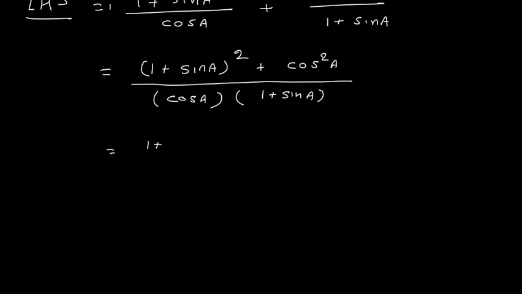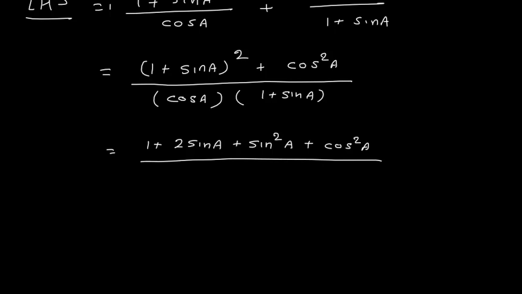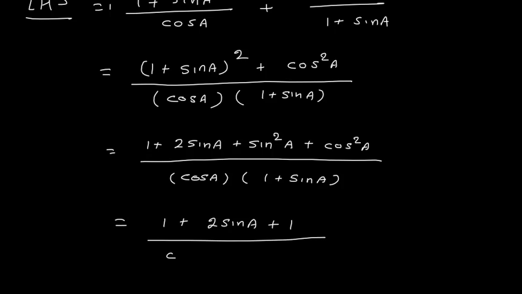So numerator we will get 1 plus 2 sin A, and this sin A the whole square, sin square A, plus here cos square A, and this whole divided by cos A into 1 plus sin A. Now this sin square A plus cos square A is 1, so you can say that this is 1 plus 2 sin A, and here again we have 1 divided by denominator cos A into 1 plus sin A.